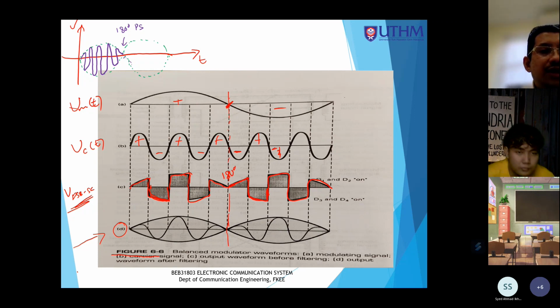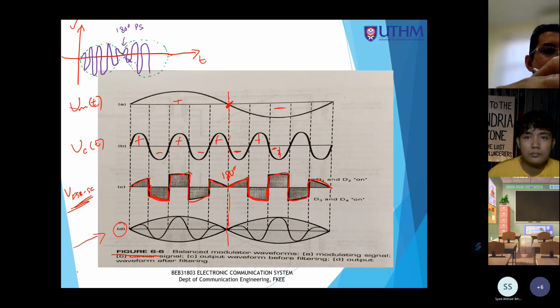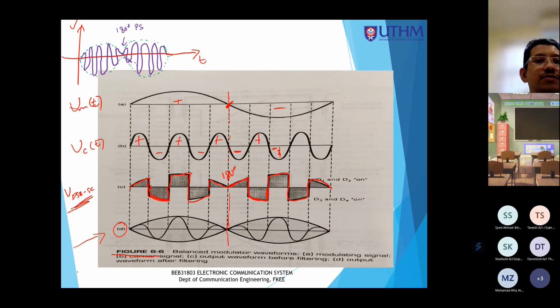Okay, so instead of going down, the wave looks like this. Okay, so enough for you to draw like this, complete. Okay, so ini adalah dia punya waveform untuk double sideband suppressed carrier.